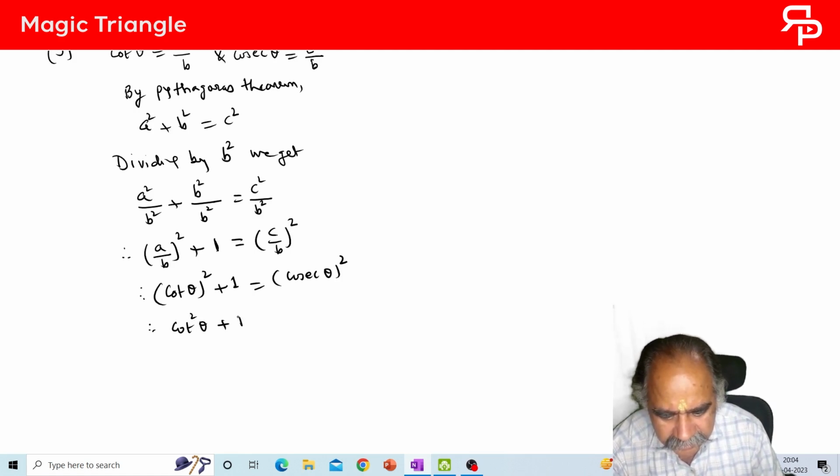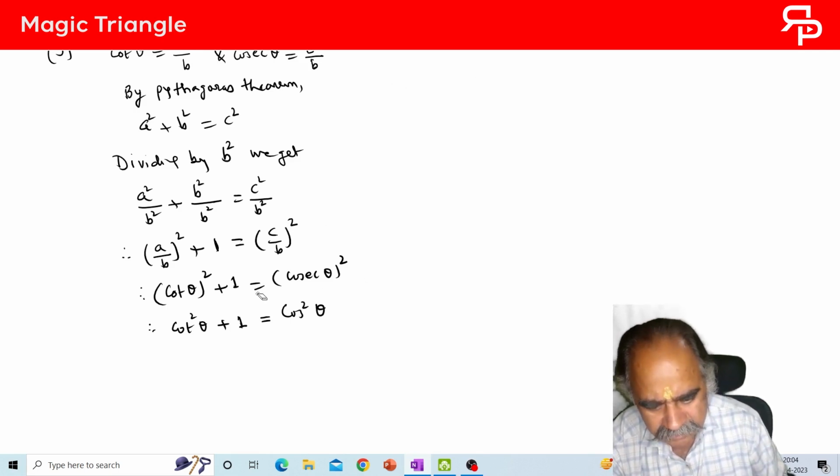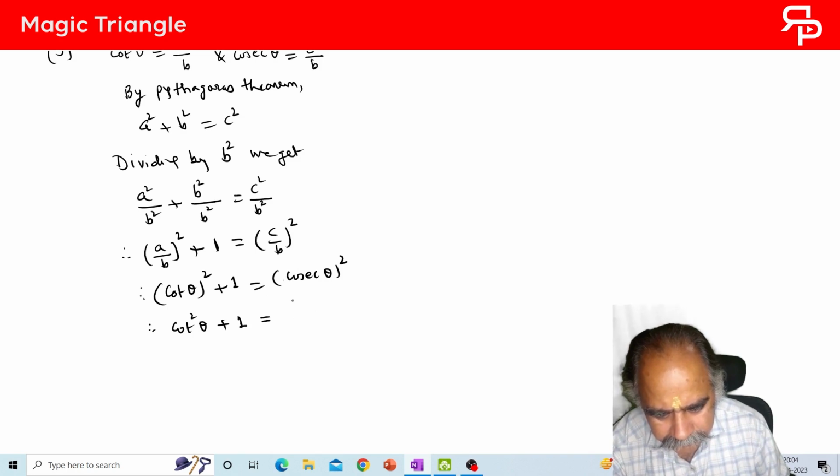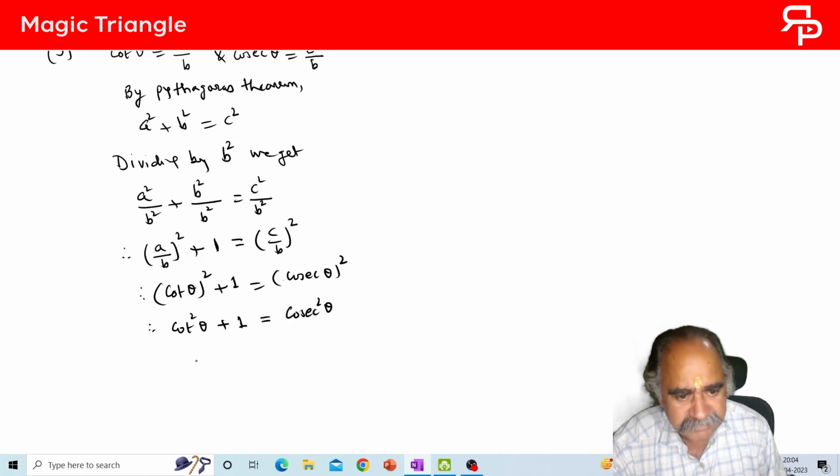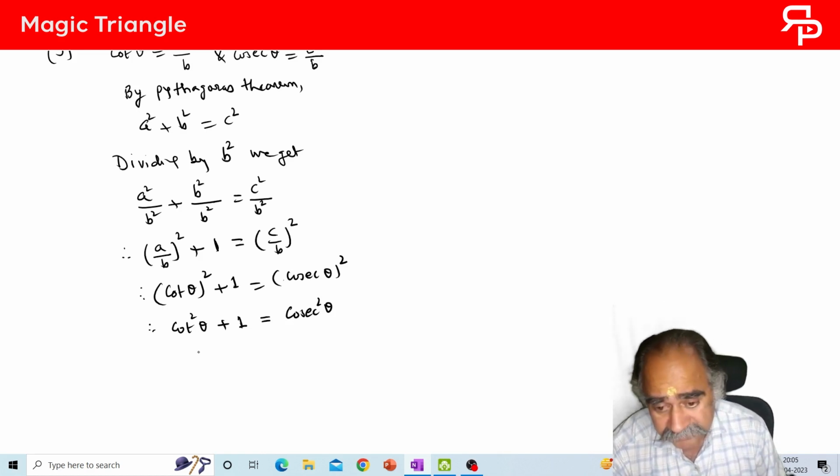This is the third very important trigonometric identity. Later on we'll be deriving a lot of formulae from these identities. So this is the third trigonometric identity which you are observing from this right angle triangle.